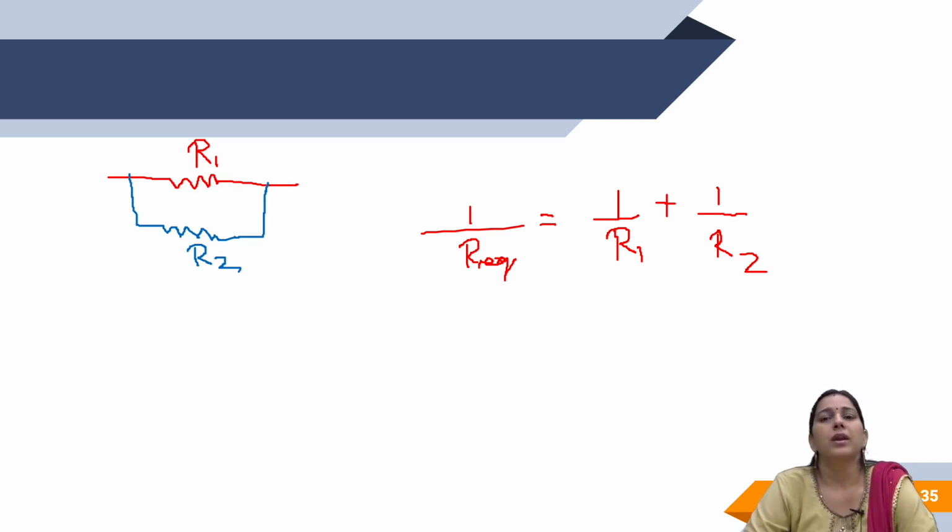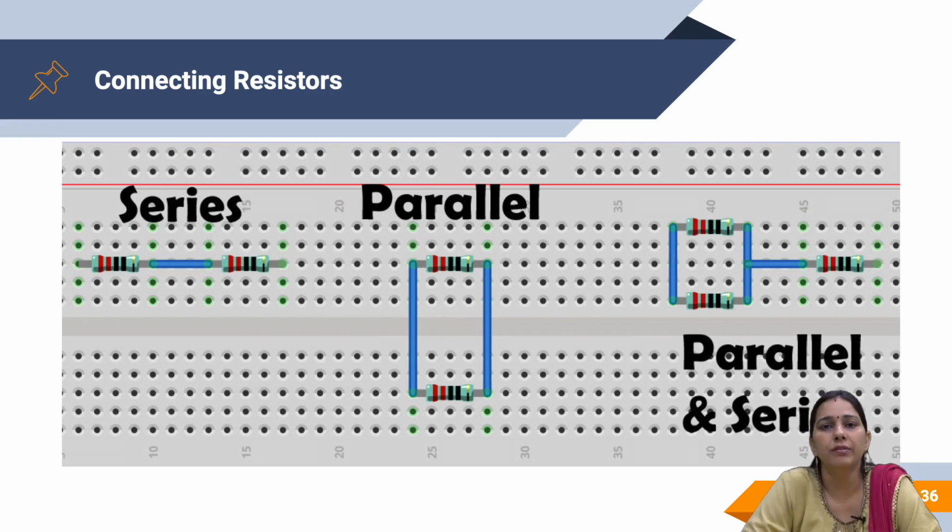In a series parallel circuit, we have the combination of both, that is series connection as well as parallel connection. In the given figure, you can see the connections of series: the two resistances are connected in series. Parallel, that is R3 and R4, are connected in parallel combination.